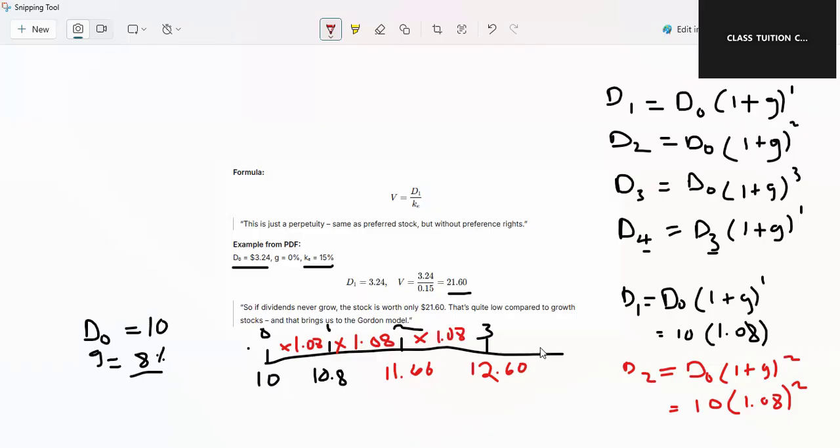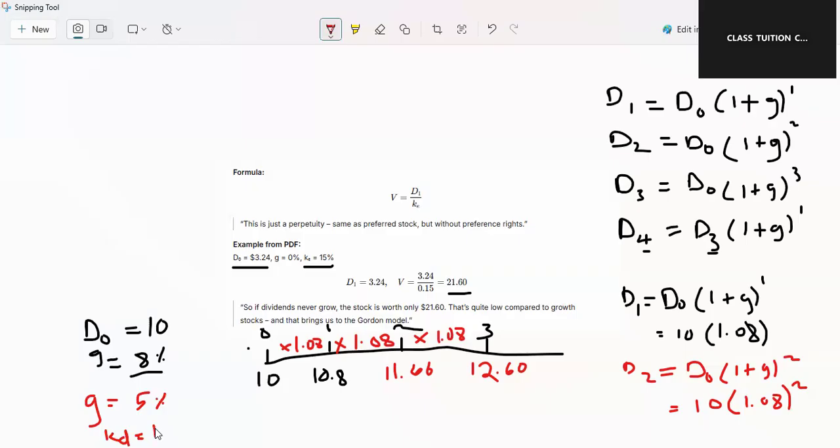Then suppose they tell you that for the first 3 years you're growing at 8%, and then after 3 years you're dropping from 8% to maybe 5%. And the market rate KD is 15%.